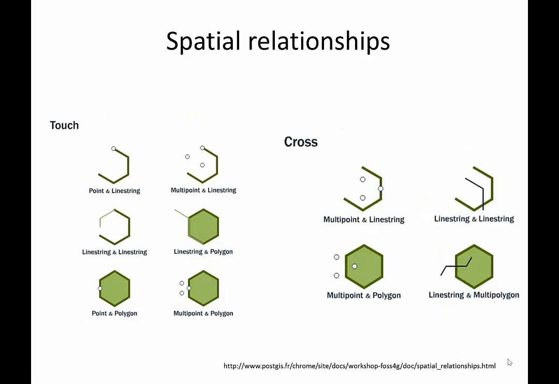Touching is about contact with the outside of spaces rather than the inside of shapes. Crosses, now what's the difference between a touch and a cross? Well, obviously a cross involves part of it being in the interior of a polygon, whereas a touch is just the edge of a polygon.